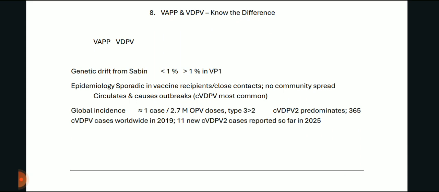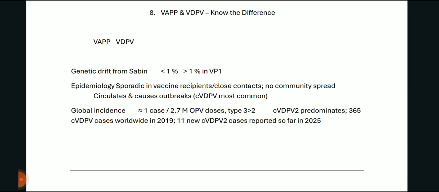Now what are VAPP and VDPV? You can get a short note or maybe a viva question on them. VAPP is vaccine associated paralytic polio and VDPV is vaccine derived poliovirus. The genetic drift from Sabin is less than 1% in VAPP and more than 1% in VP1 for VDPV.